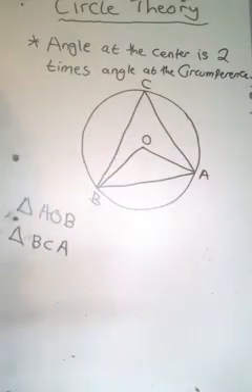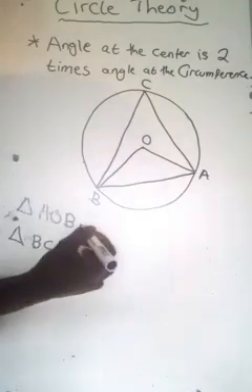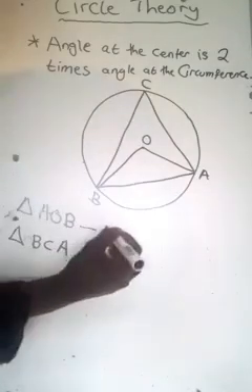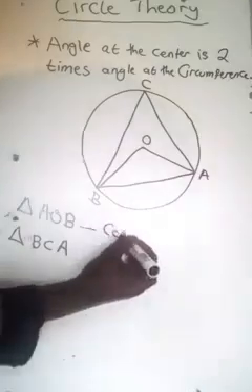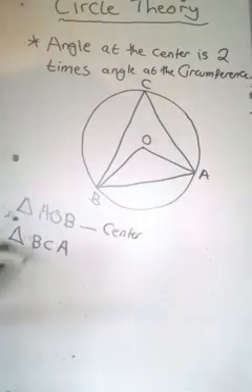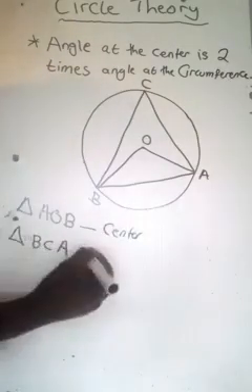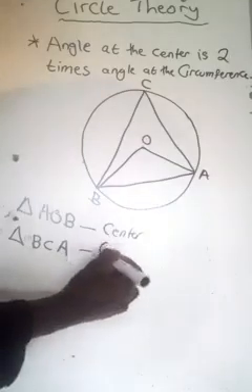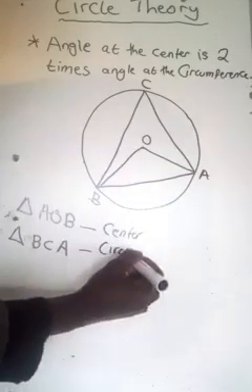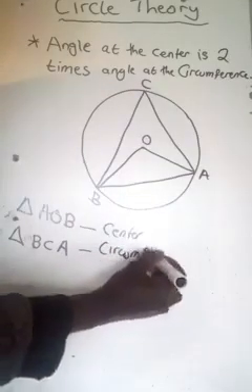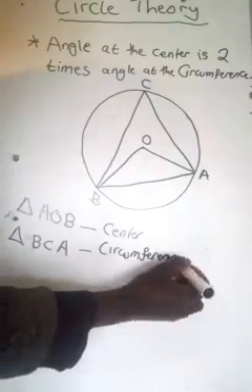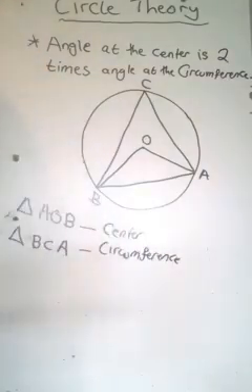Now, one thing we are going to note here is that triangle AOB ends at the center, whereas triangle ABC is the one that even reaches the circumference. These are some of the observations I want you to make.